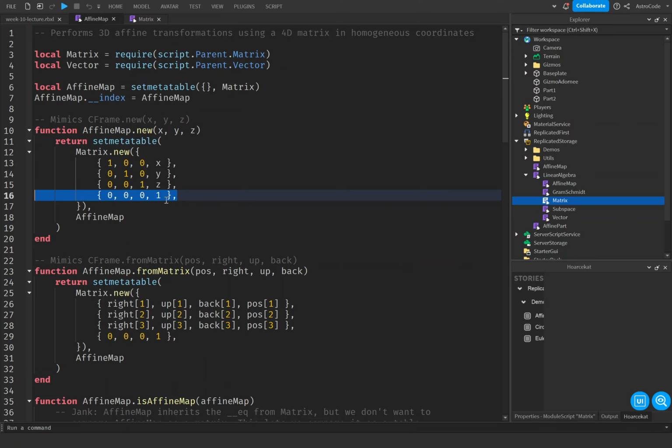We don't actually need to be storing it. So you could just store 12 numbers and then hand write out all of the multiplies and additions instead of using the matrix class. But I think it is easiest to just use the matrix class.